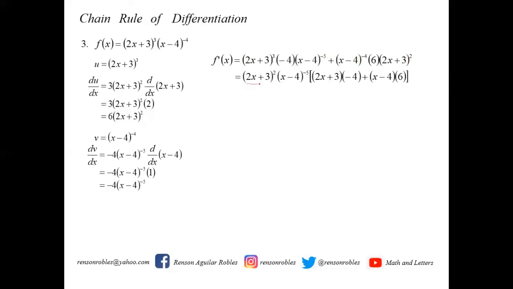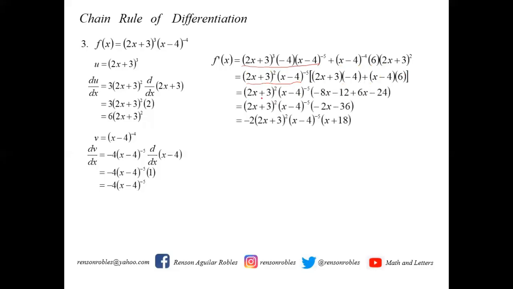When these two are factored out from the first term, what is left is only 2x plus 3 times negative 4. And then again, when these are factored out from the second term, the only thing left is x minus 4 times 6. And simplifying this expression inside the bracket, we shall now have 2x plus 3 to the second power times x minus 4 to the negative 5.